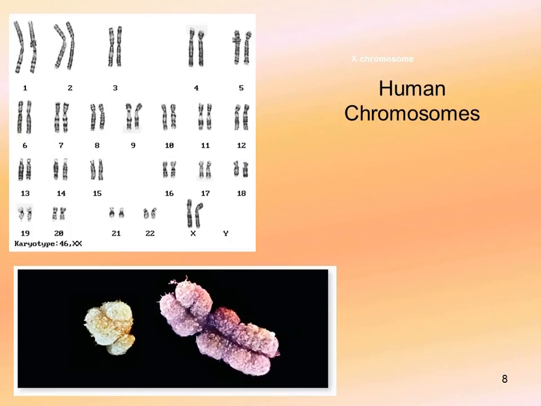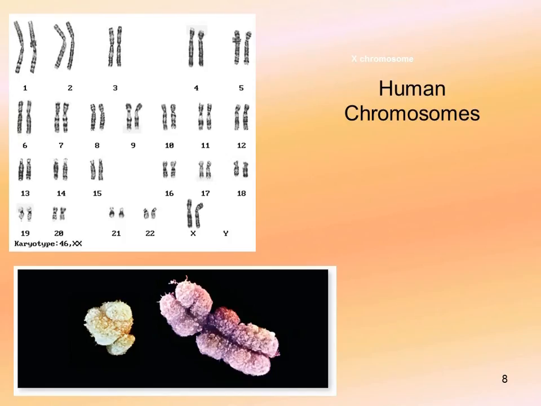If part of the Y chromosome breaks off, and that part contains the SRY gene, and that part then attaches to an X chromosome in a female, this would happen during meiosis, that female will actually develop as a male even though she has two X chromosomes.